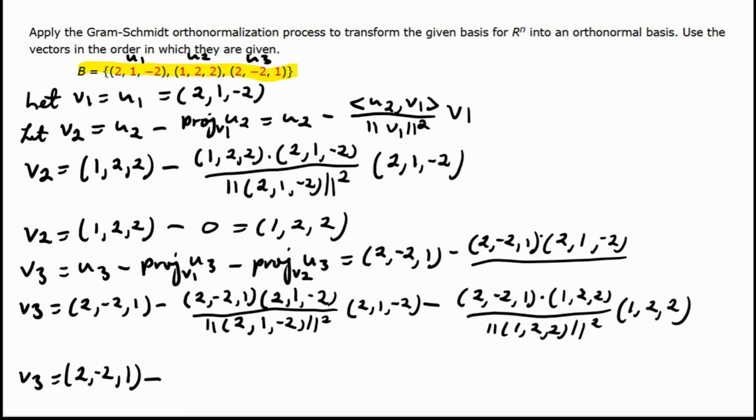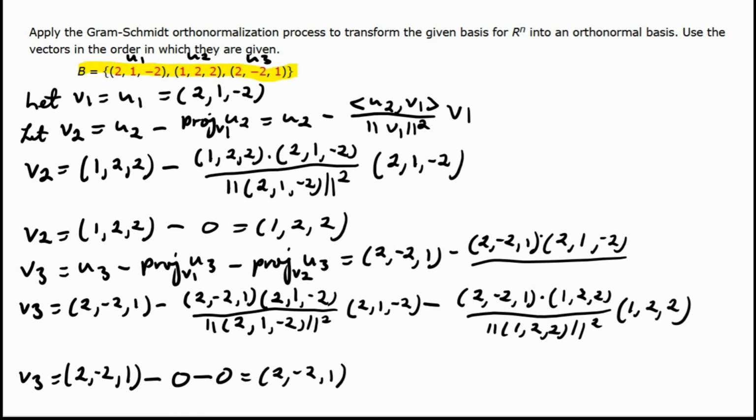So here we get 0 there, then minus, and I think we did this above in v sub 2, we get 0 here as well. This is 2 minus 2, which is minus 2, minus 4, plus 2, which is also 0. So this guy is 2, negative 2, 1.